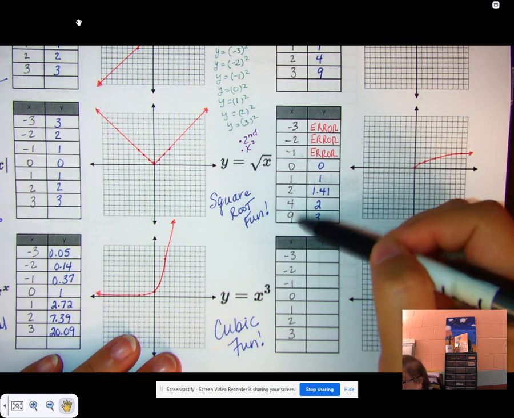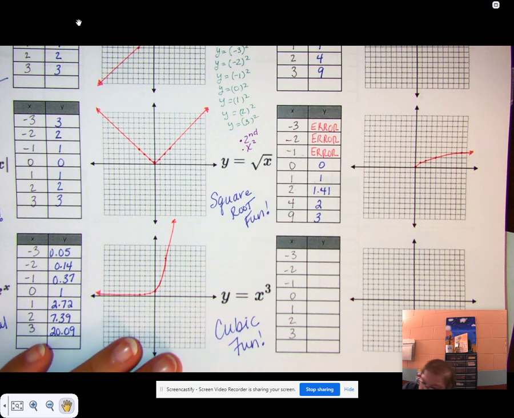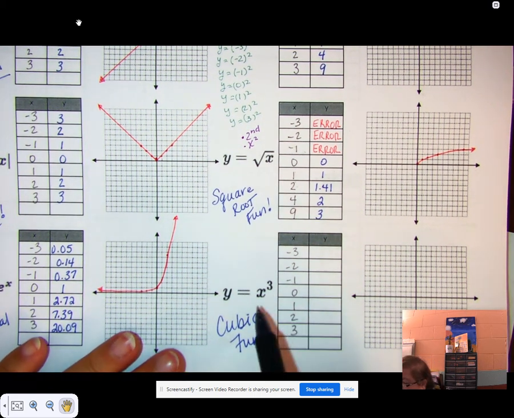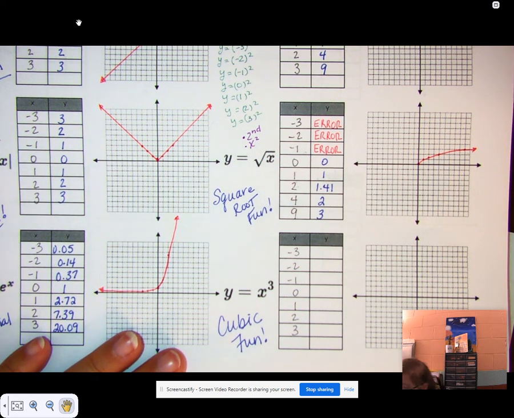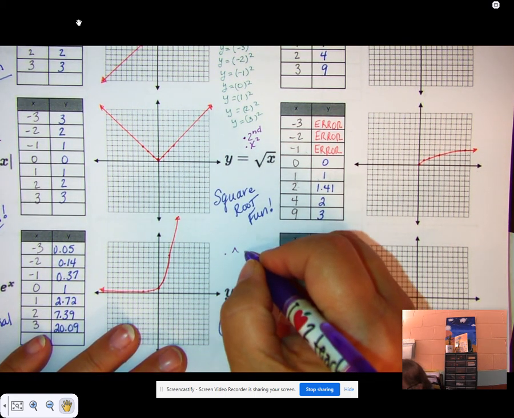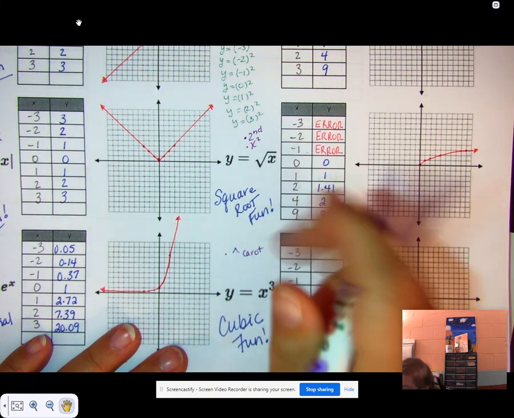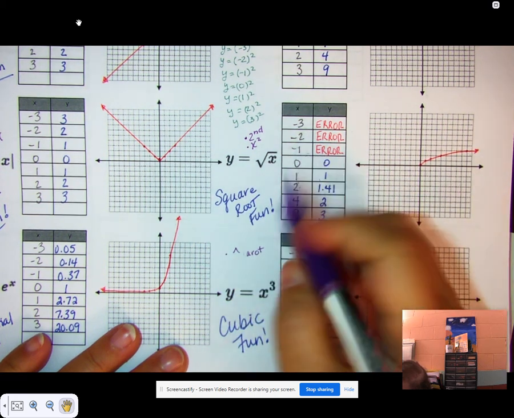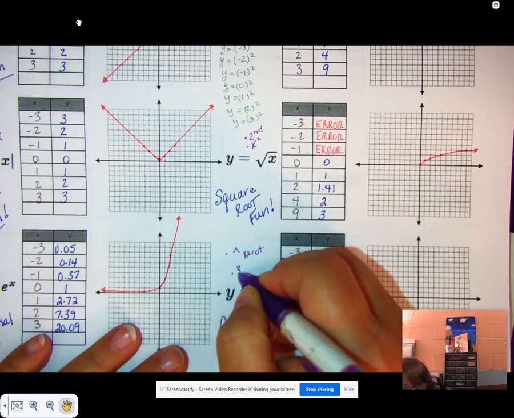Because I kind of want to go by perfect squares to be able to plot those just a little bit better. Okay? Now, cubic function, in order to get to that, you're going to have to push the caret. I'm sorry, it's called the caret. And then the 3.